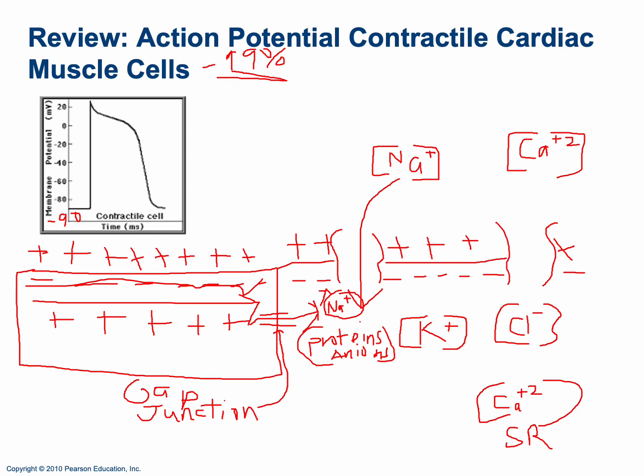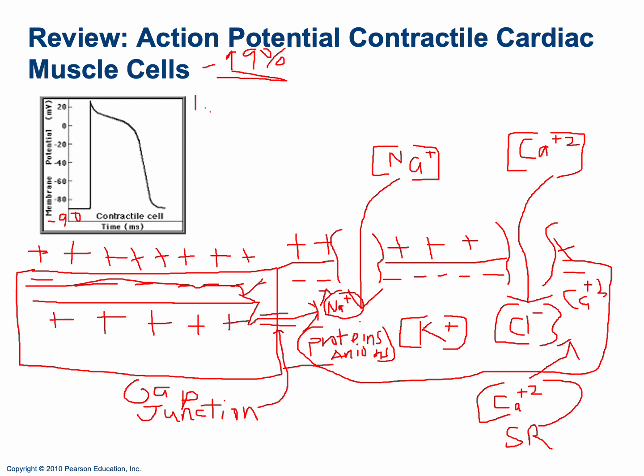And there's our cell again here. So you have calcium rushing in too. So now you're starting to have the calcium rushing in from outside of the cell. And you might even have some calcium released from the SR. These are major events that take place during stage 1, which is depolarization. Okay? So depolarization.